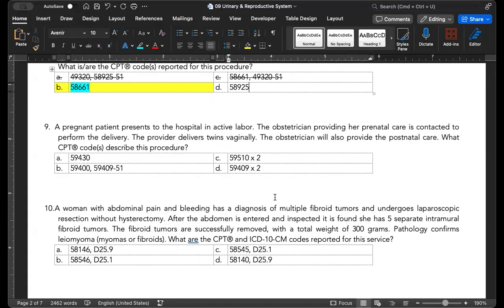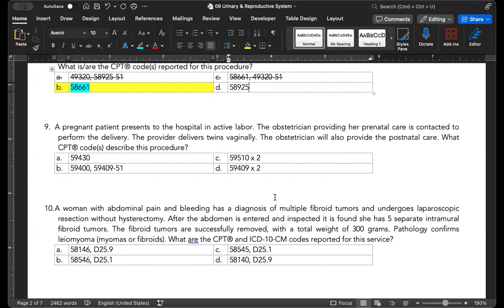If you're in the 2024 CPT book, it's on page 450, and it starts with code 59000. If you're using 2023, just look for CPT code 59000, and that will start your maternity care and delivery.